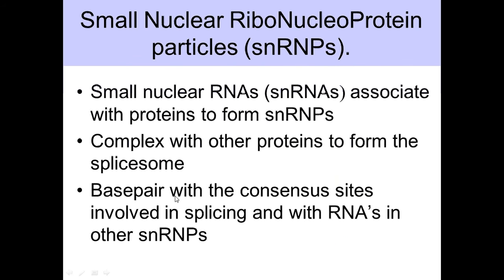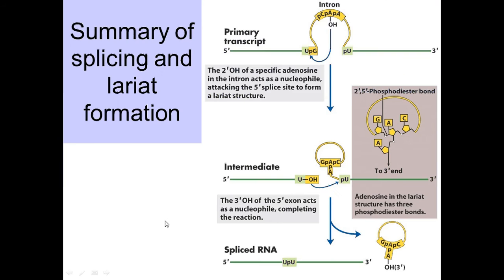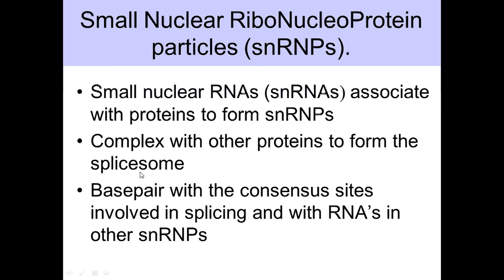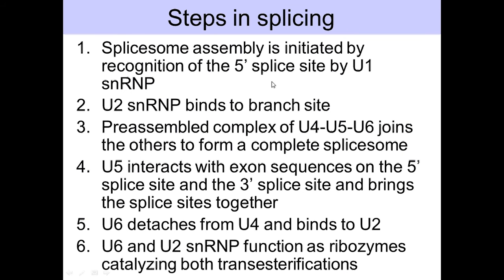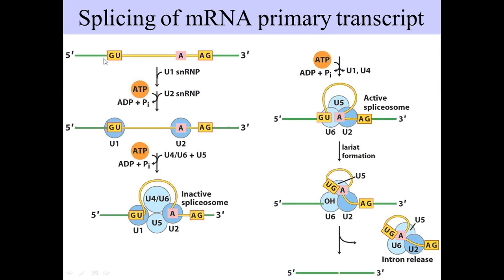Okay, so spliceosome assembly starts with U1 binding to the 5 prime splice site here, and U2 at the branch site, and there's ATP used over here for U2 to bind.